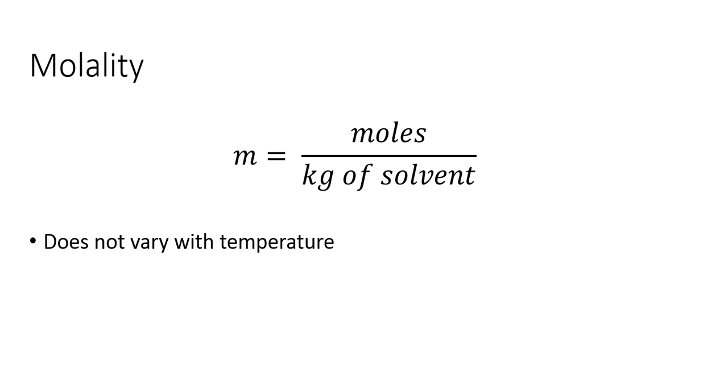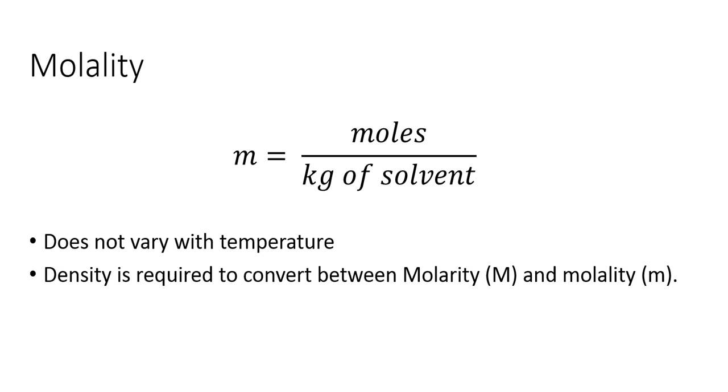Molality does not vary with temperature. Sometimes we would like to change molarity to molality or vice versa. And in that case, density would be required to make a conversion between molarity, capital M, and molality, lowercase m.